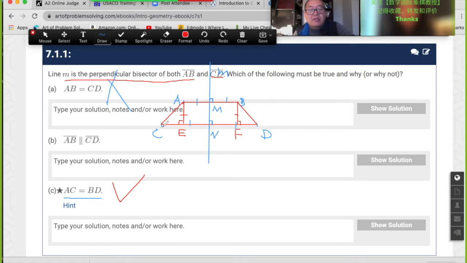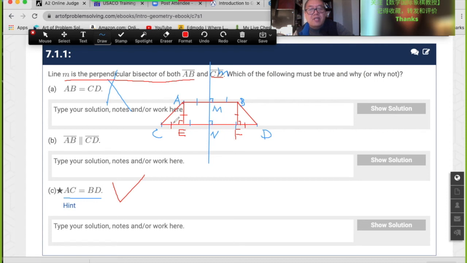Then because CD minus AB, AB equals EF. So then also, CN minus this EN equals CE, right? FD equals DN minus NF.